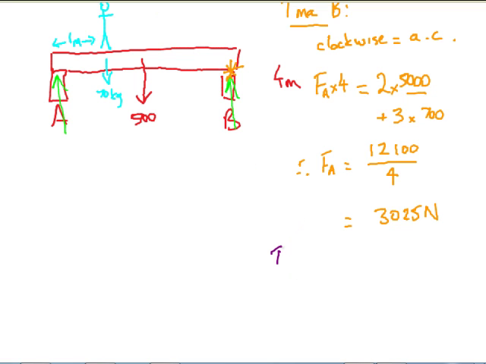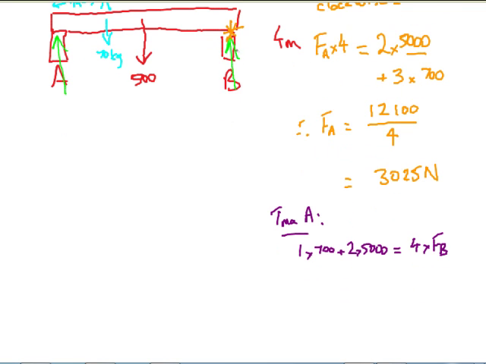We can repeat that, take moments about point A, and then this time the clockwise will be 1 meter times the 700 plus 2 meters times the 5,000 must equal 4 meters times F of B. So it's the same process we did. We've got anti-clockwise from B, we've got clockwise about pivot point A from the person and the bridge. And we can finish that calculation, or we could do a sum of the forces.